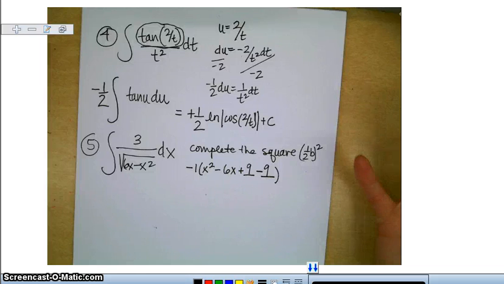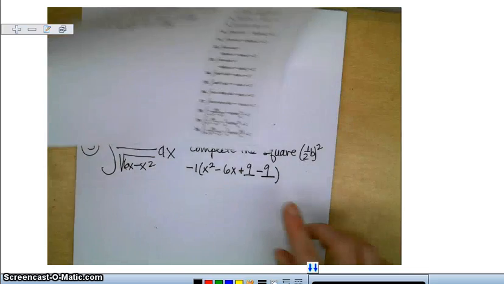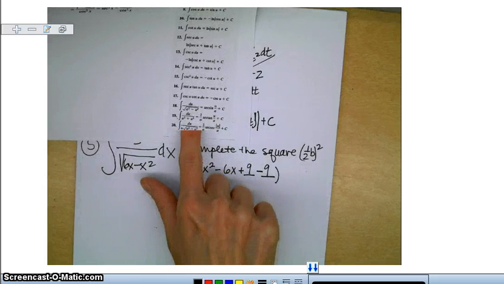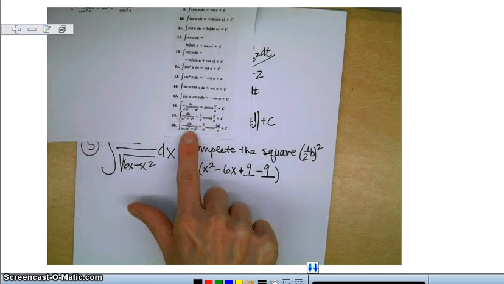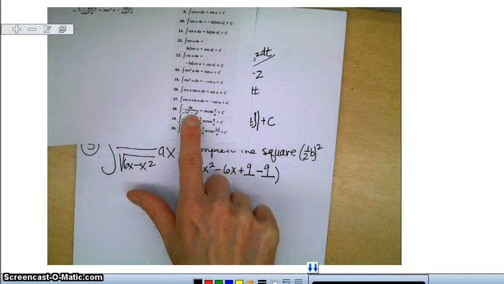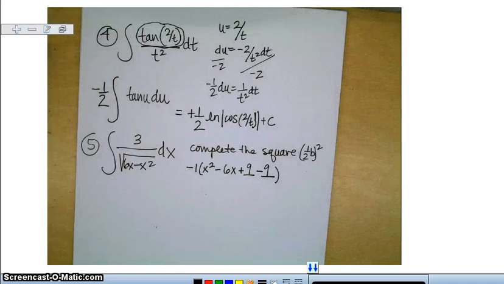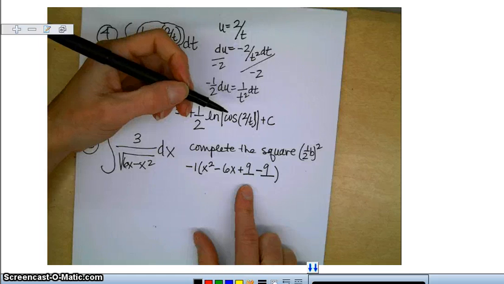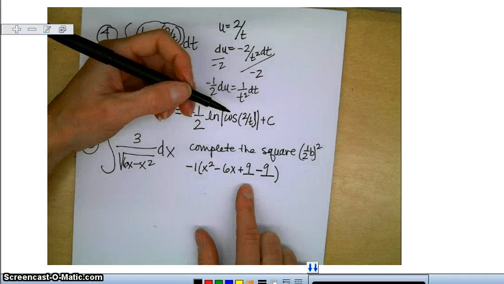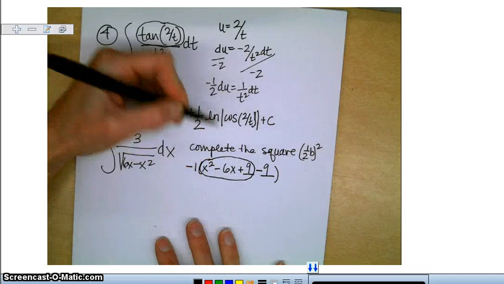It just looks different. Okay, so now I need to make this look like the a squared minus u squared or u squared minus a squared. I don't know yet which one it's going to be. I have a suspicion it's going to be 18, because I don't really have anything outside on the bottom. These first three are the ones that are going to become the u squared.